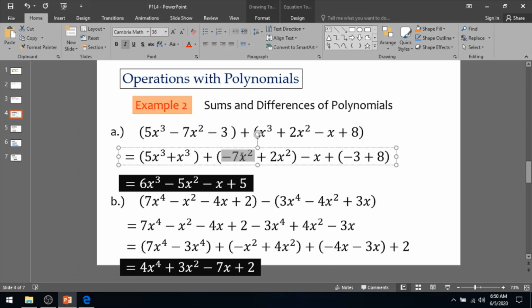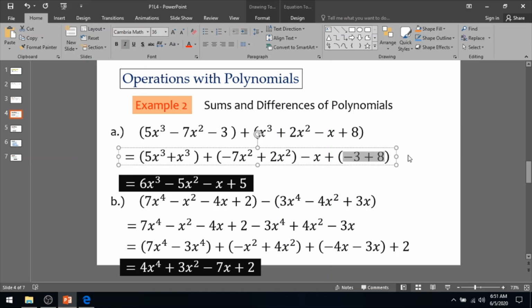So negative 7x squared plus 2x squared. Next, so constant term. Okay? Pero, si second polynomial, naa siya ay negative x. Okay? O ato ra nang idiretso negative x diha. And next, ato nang i-combine ang like terms diri, which is the constant term, so negative 3 plus 8.